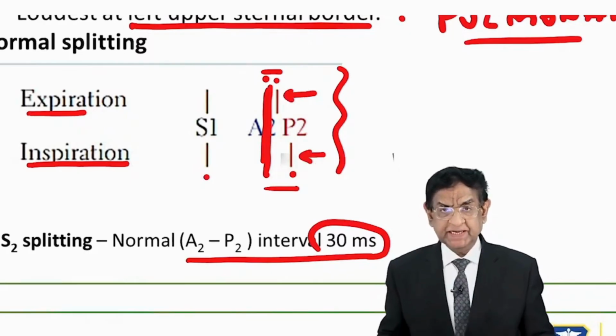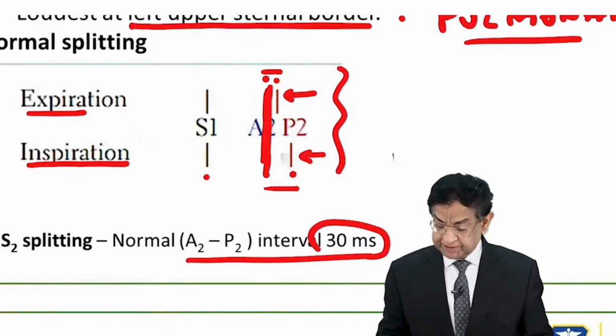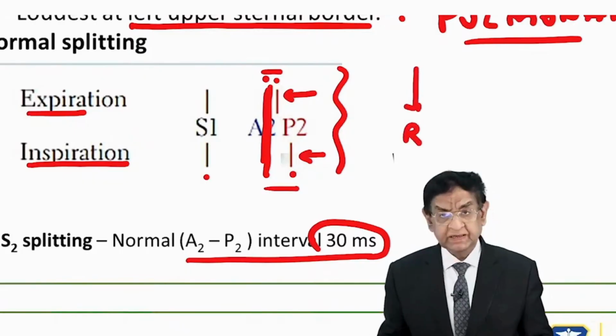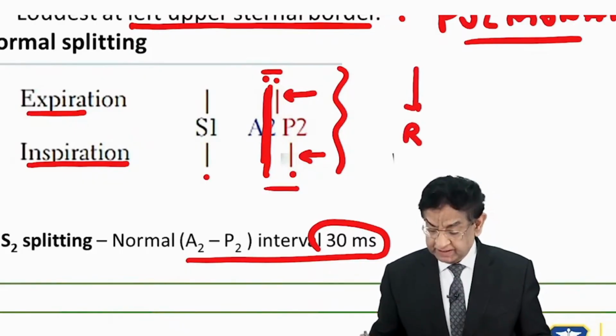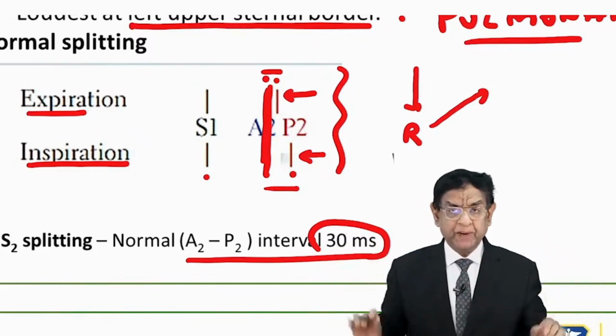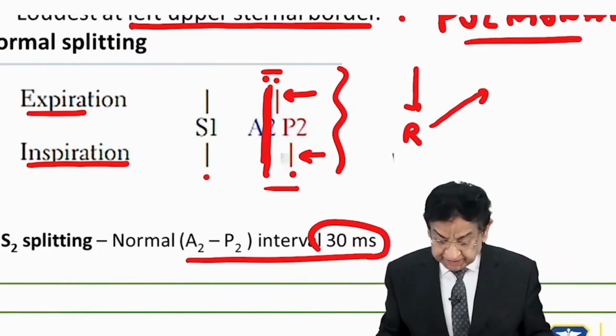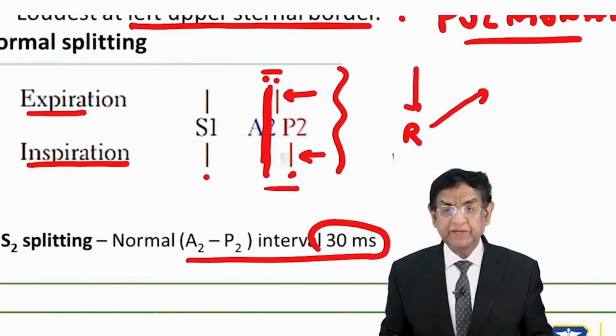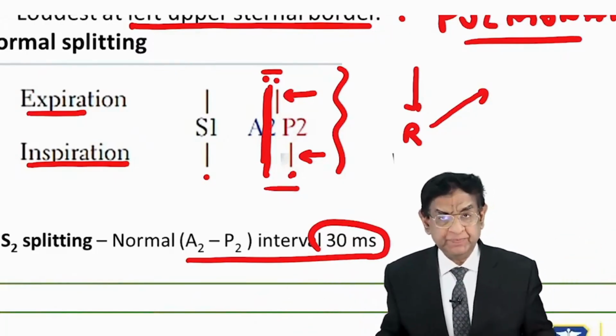Suppose the person is taking deep inspiration. During deep inspiration, more and more blood comes to the right side. So in the next systole, more blood will go into the pulmonary artery, and P2 will be closed later on.